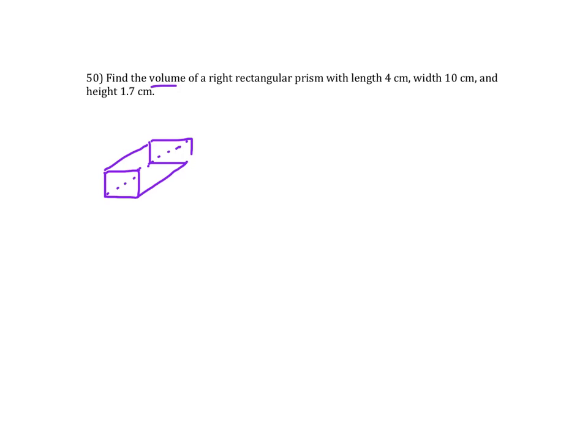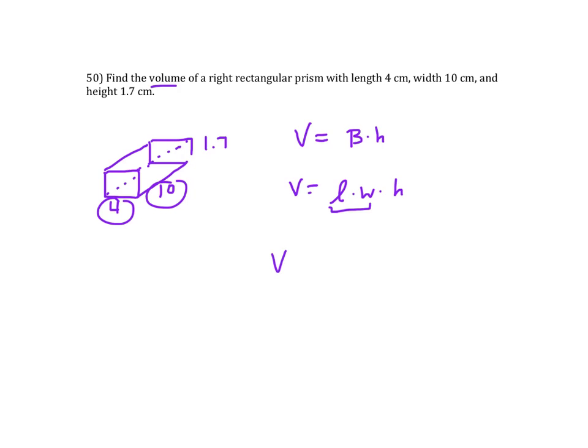Okay, so it has a length of 4, width of 10 centimeters, and a height of 1.7 centimeters. So volume for a prism, it is just area of the base times the height, but you might want to think of it as length times width times height, because the length and the width, the 4 and the 10, will give us the area of that base.